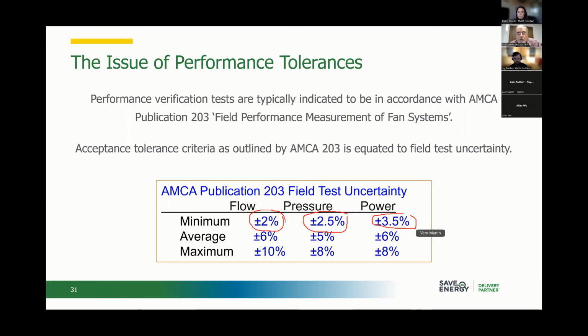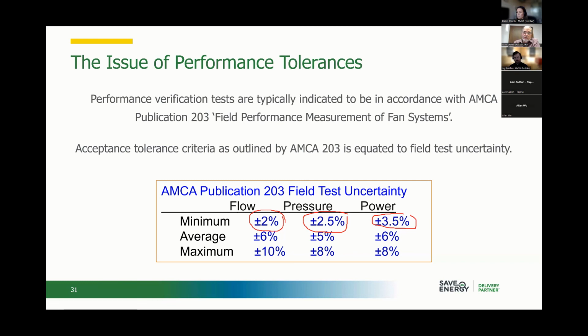Okay, so while you're looking at those numbers, I want you to think back. Efficiency is flow times pressure over power. So what's the impact of this on the efficiency if we are arguably at the low end of the tolerance for flow and pressure and the high end of the tolerance on power?